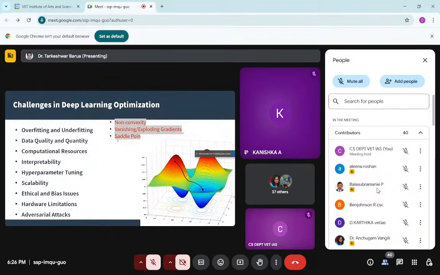What are the challenges we face in this? We usually face underfitting and overfitting problems, which affect deep learning models. Another is data quality. As we say in the industry, if you input garbage, you will get garbage.